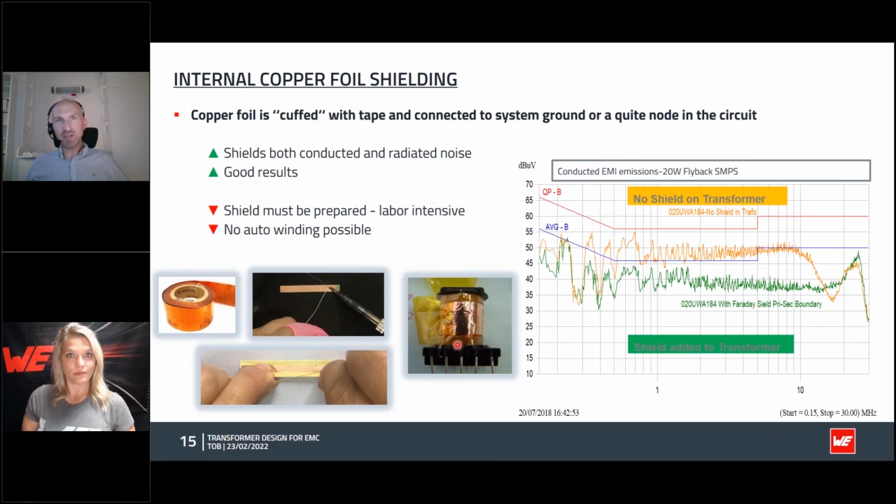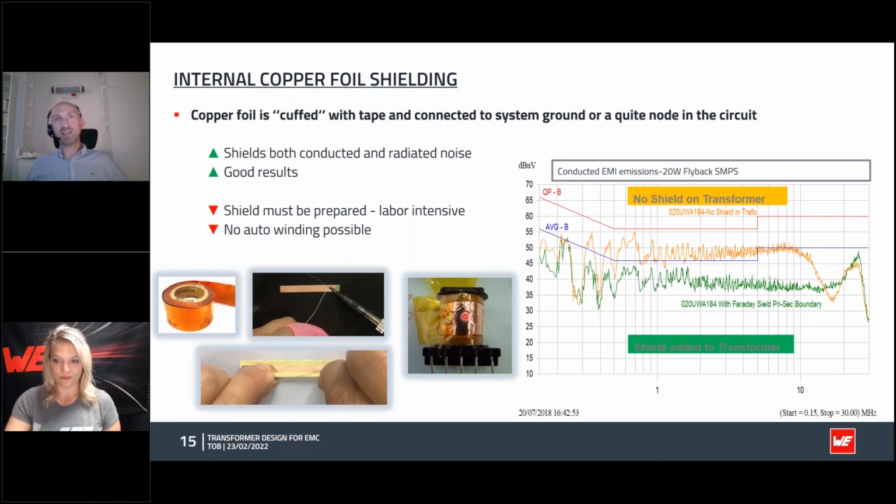That shelf tape just keeps the distance from, say, the edge of the bobbin to the shield. So we might have a primary wound directly under this, but if we have this layer of tape on top of the primary, and then this margin tape or shelf tape, then we already have a creepage distance from that shield to, say, the primary or secondary.